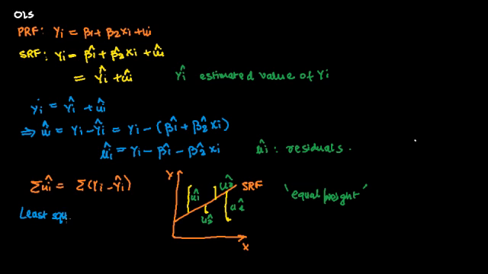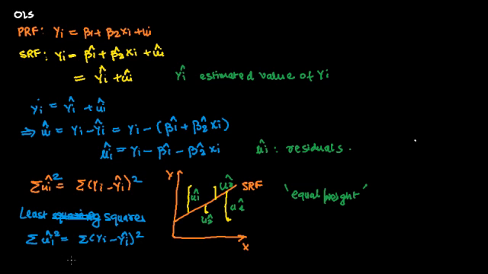That is, instead of just adding these residuals together, you would actually be squaring them and adding those squares. So summation of ui hat square is equal to summation of yi minus yi hat square.